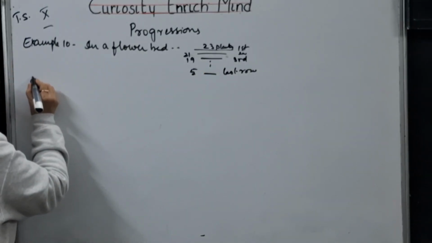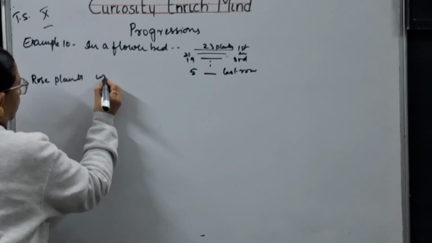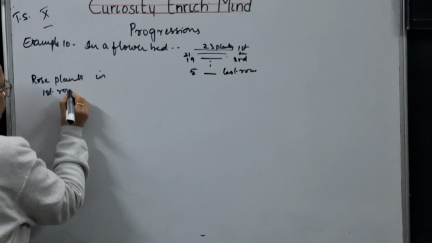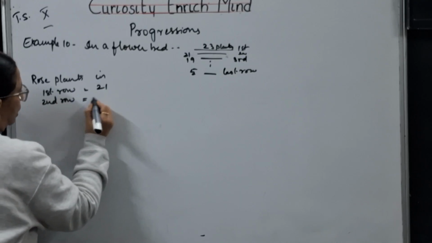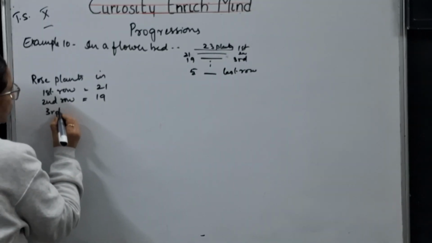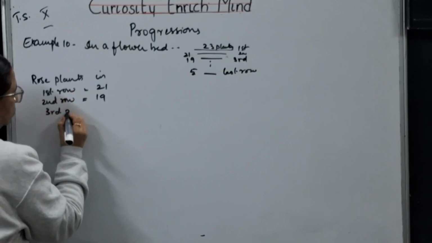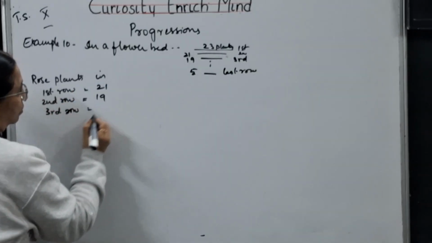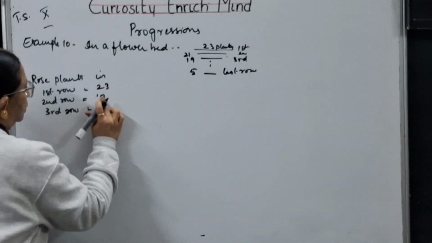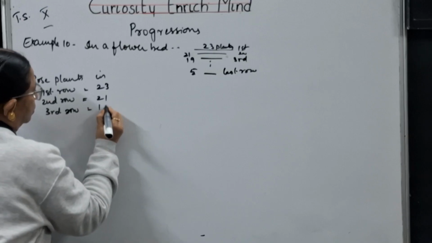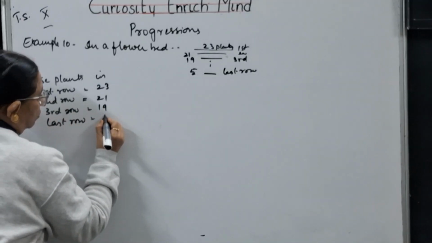So the rose plants in the first row 23, sorry, first row 23, second row 21, third row 19, and the last row 5.